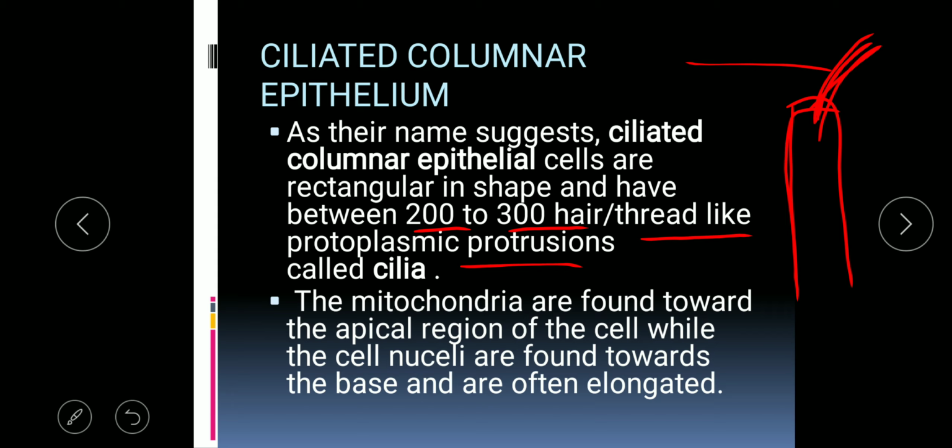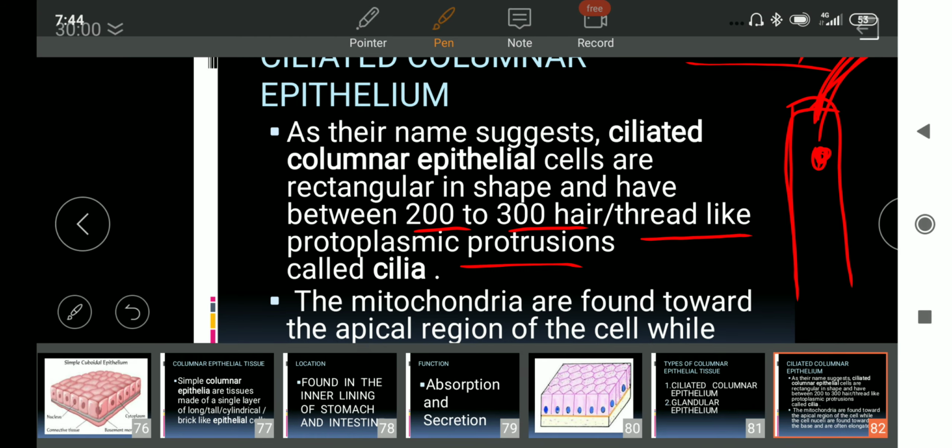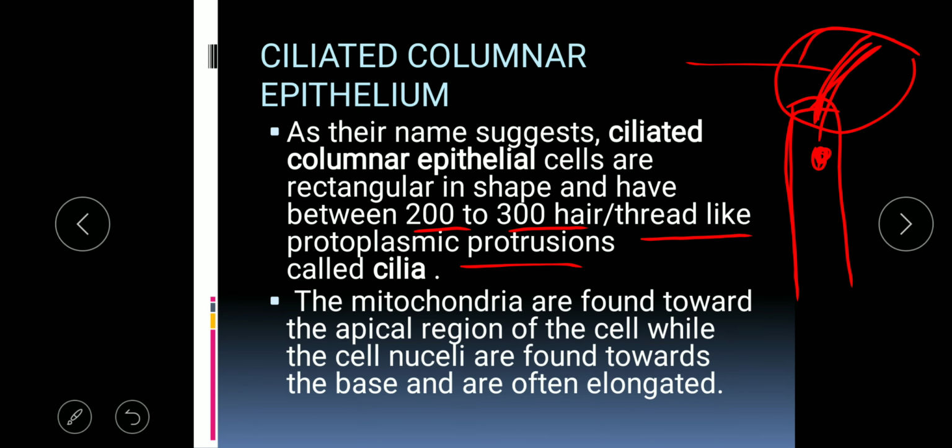The mitochondria are found towards the apical region. And why is the mitochondria found towards the apical region? So that it will provide the energy to the cilia for their continuous lashing movement, back and forth movement. So for that energy is required. That is why the mitochondria is towards the apical region, and the nucleus is found towards the base.